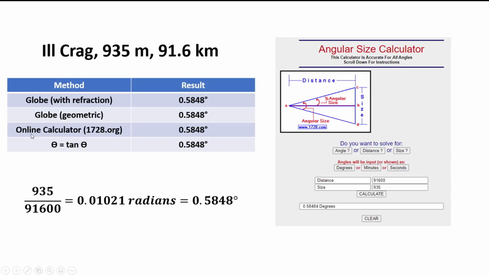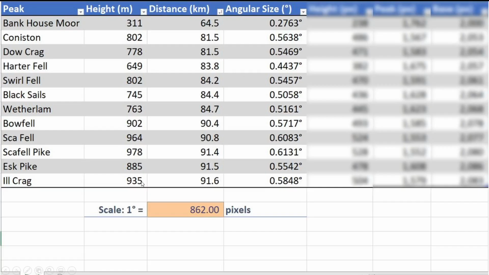And if we use one of the online calculators like 1728.org, which is here on the right, so that's their calculation, we also get 0.5848. Or we could use the small angle approximation, like I did down the bottom here, and guess what we get? 0.5848 degrees. So any which way you slice it, we've got an angular size of 0.5848 degrees for Crag, which is their example. And this is the formula that I used for all of the peaks.